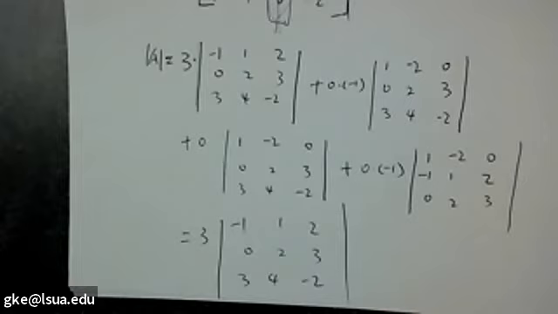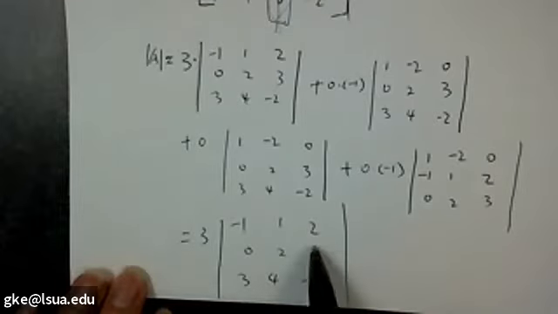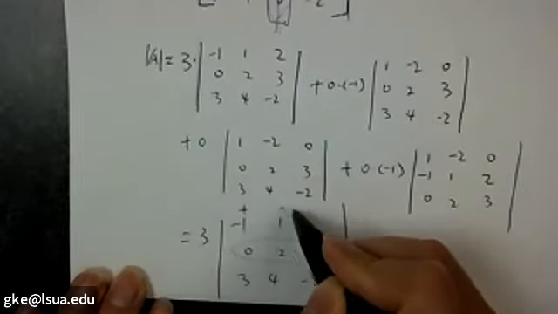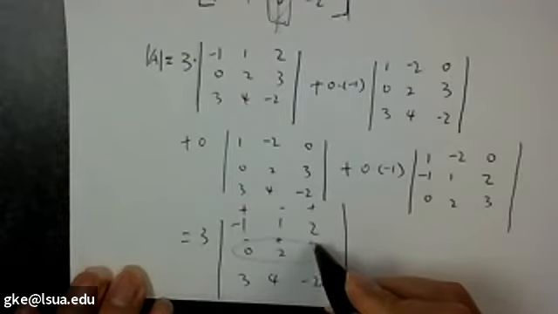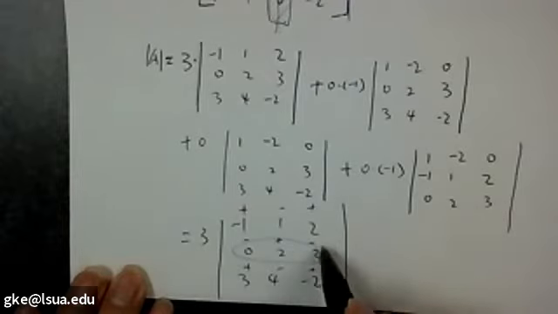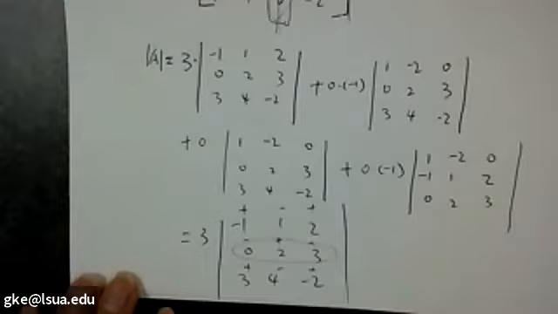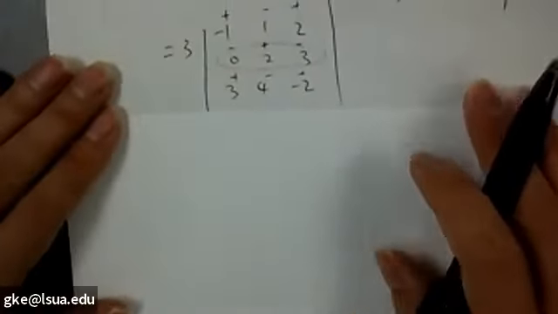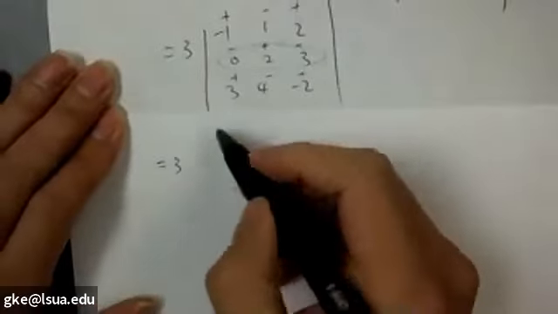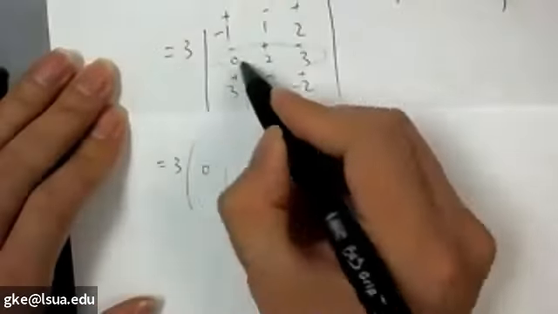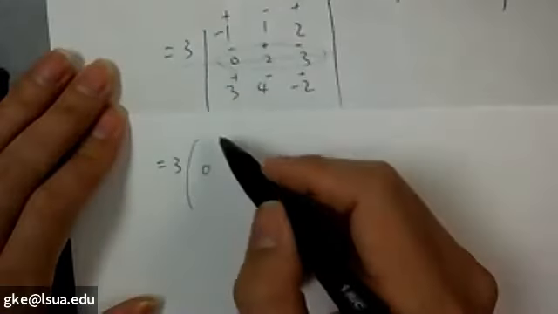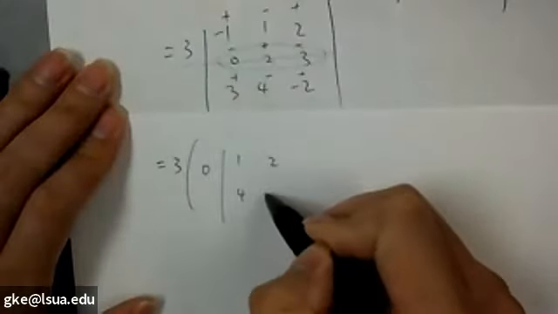So for example, here we have a 0 in the second row. Of course, we can do the expansion, so we can follow the second row, right? So let's take a look. 3 and 0, cross out the second row, the first column: 1, 2, 4, -2.